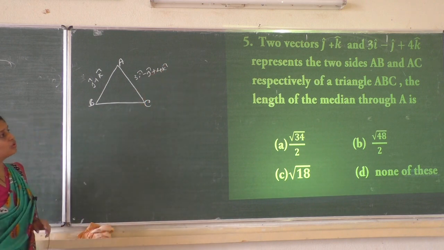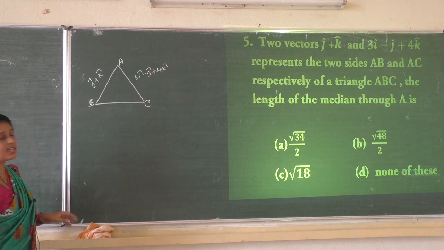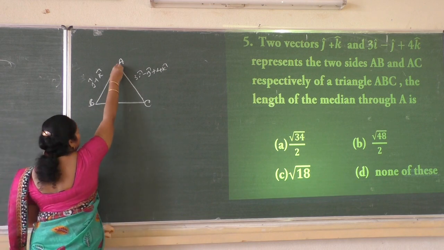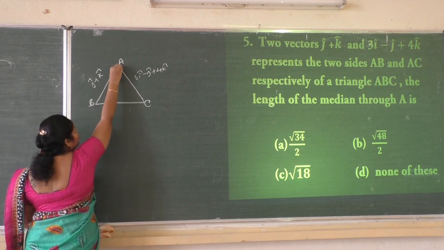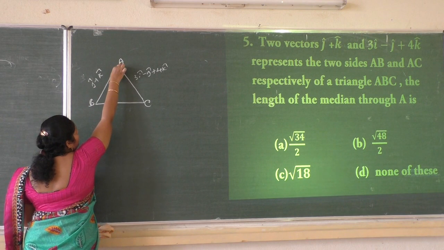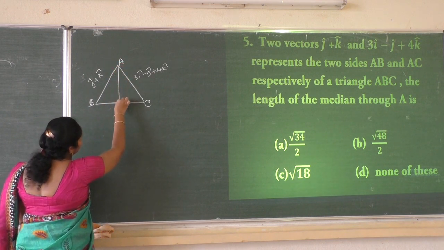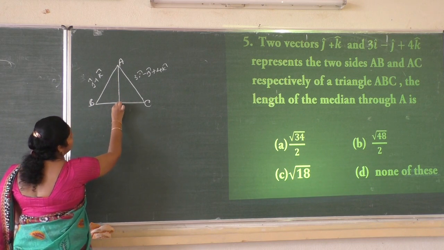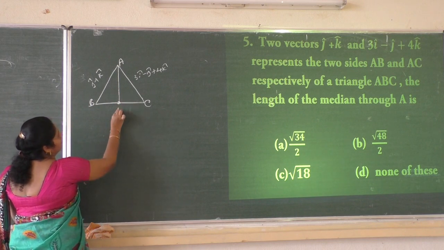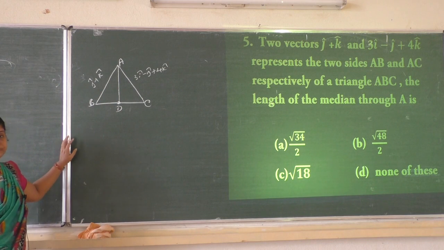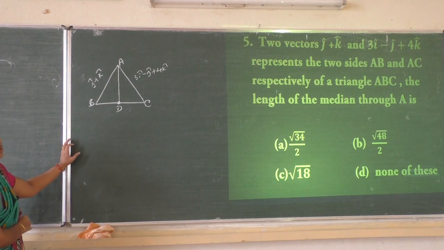Now you have to draw the median. Median is a line. Median through A means we have to draw a median to the opposite side. The opposite side is BC, to the midpoint of the opposite side. Now AD is the median. You have to find the length of this median, the length of AD.